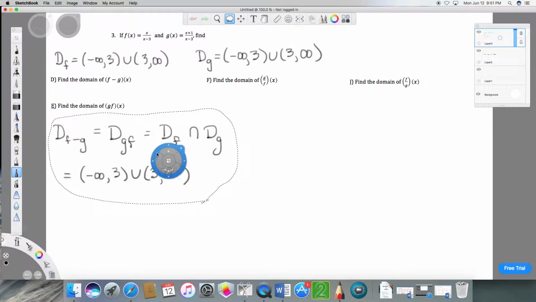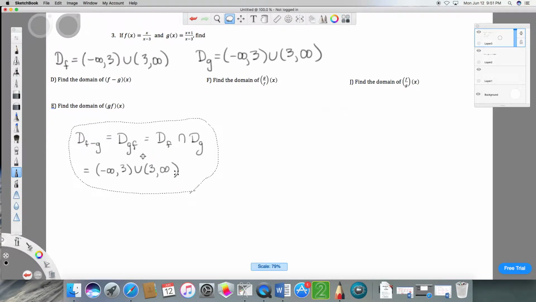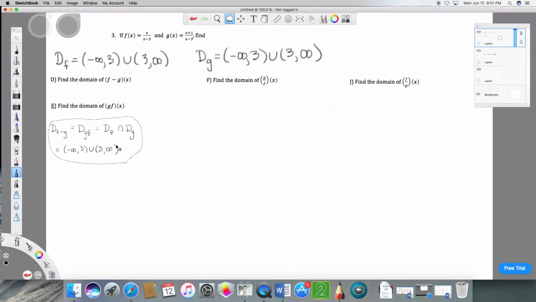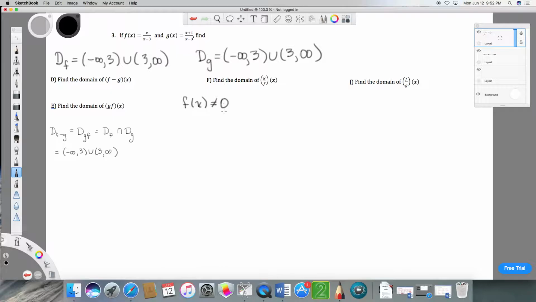could not be. When we find the domain of this division, it's still the domain of f intersected with the domain of g, but we also have the added restriction that f of x cannot equal 0. So what is f? Well, f is this ratio x over x minus 3. And when a fraction reduces to 0, it's because of the numerator, because the denominator can never be 0.